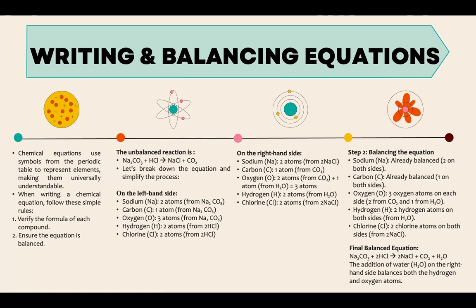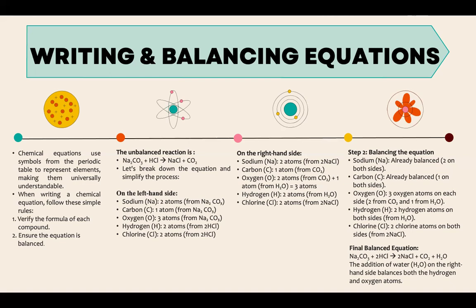Na2CO3 plus HCl to produce NaCl plus CO2. Let's break down the equation and simplify the process. On the left-hand side, sodium consists of two atoms from Na2CO3.